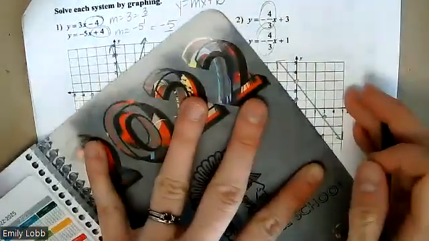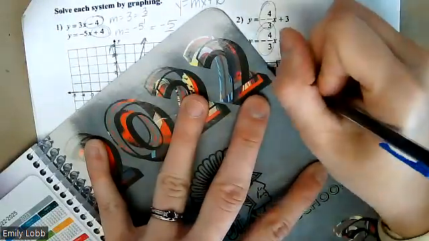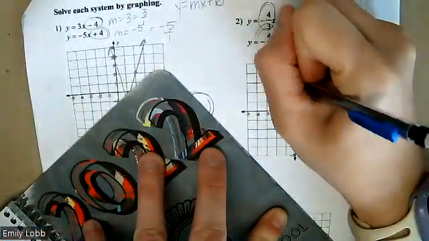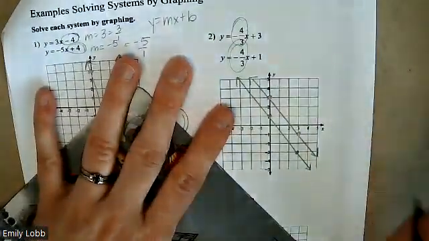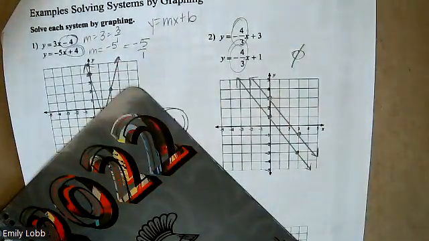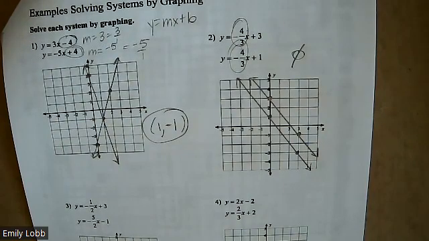Any 2 points allow me to make a line. What do you notice? They're parallel, right? The slopes are the same. So here we have no solution. They do not ever intersect. Fair?